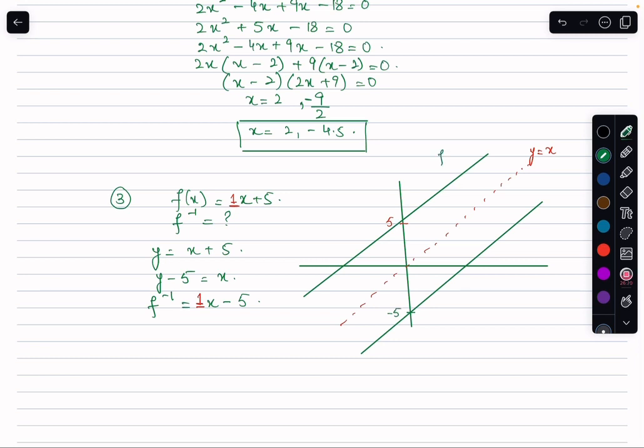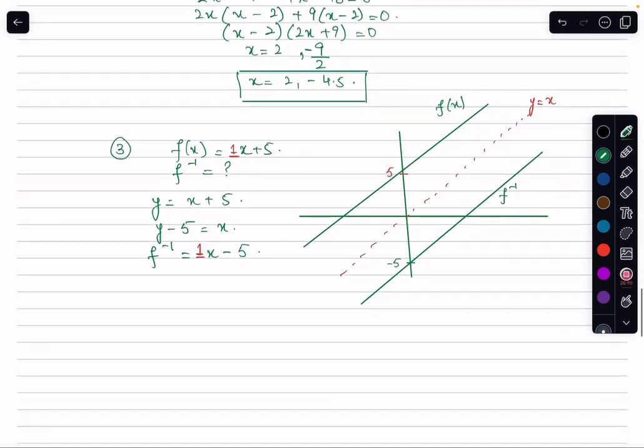So I can say that this is the graph for the f inverse, and this is the graph for this. The first one is the line for the function, and the second passing through negative 5 is the graph of the function inverse here. So this might also be a possibility that if the gradients are the same, then obviously the two lines, the function and the inverse, yes, the inverse is present, but they will not be intersecting with the line which is y equals x here.